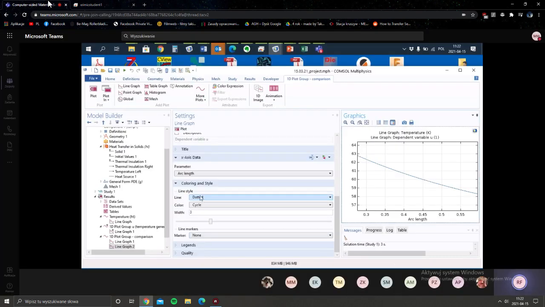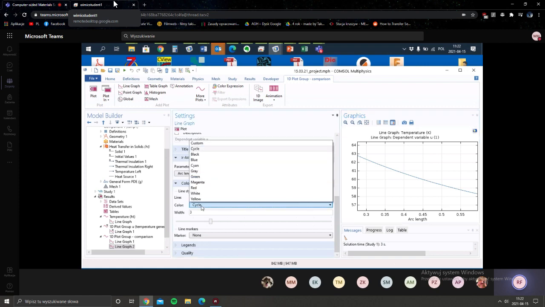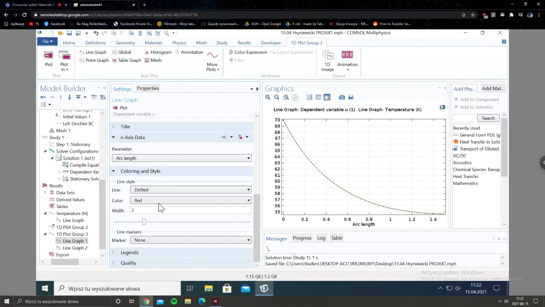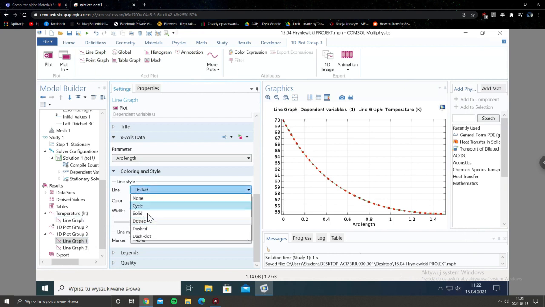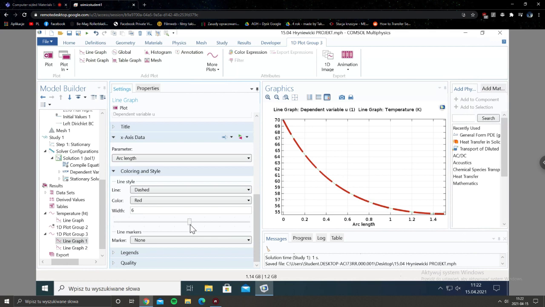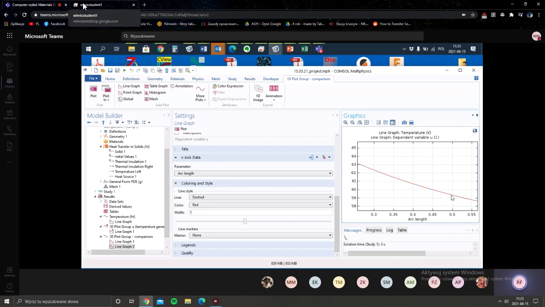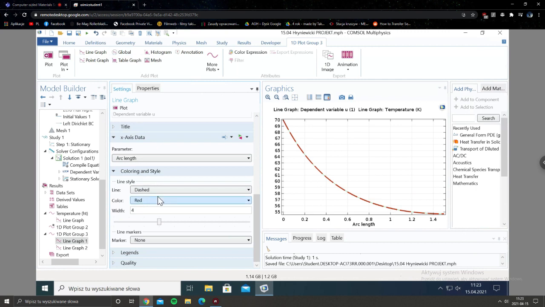Let us change our color to red, for example. And it is dotted, probably dashed would be better. Right. And what is the thickness here? Right, let's see it again. You can see two colors now, I think, because one is blue and another one is red.